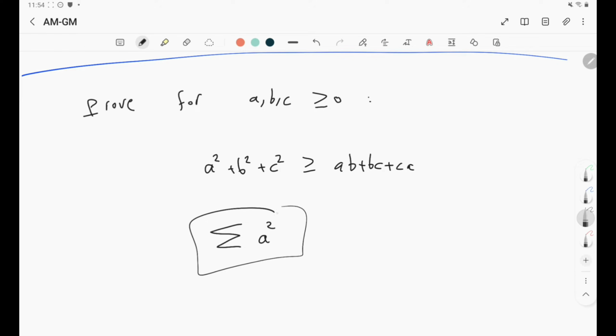Then, of course, this sigma a square is just this left hand side. And what about the right hand side? You guessed it. It's just sum ab. So you immediately get ab plus bc plus ca. Alright, so this will really be beneficial for us, because it will save lots of unnecessary writing and lots of time.